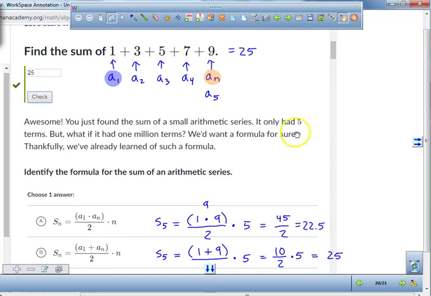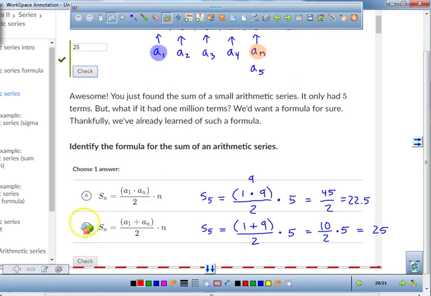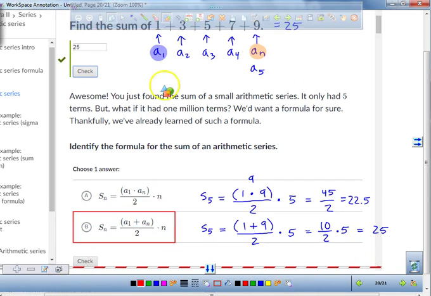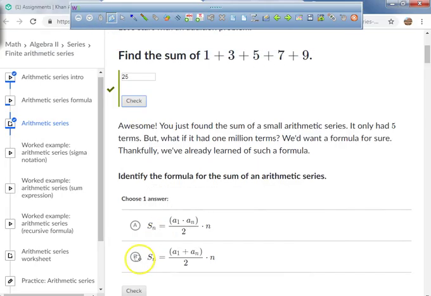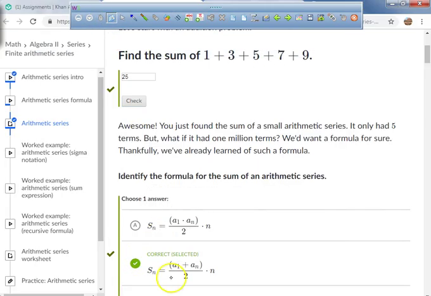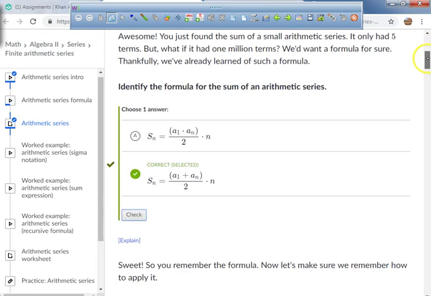Which means this is the one that you're going to put into your journal right there. That's the one you're going to put into your journal. All right, so the correct answer is that right there. Got it? Moving on down.